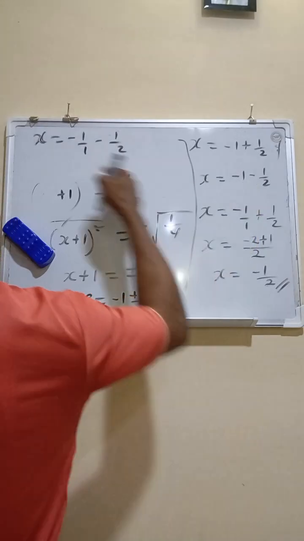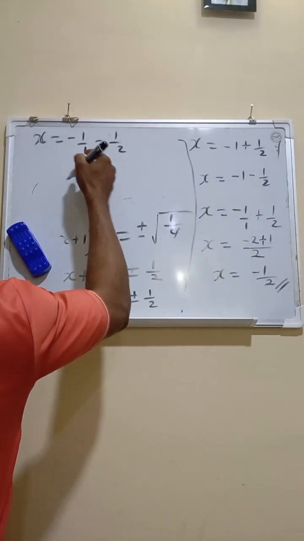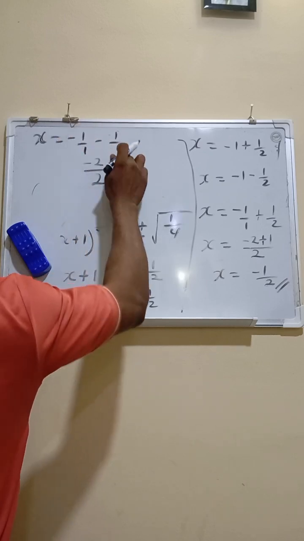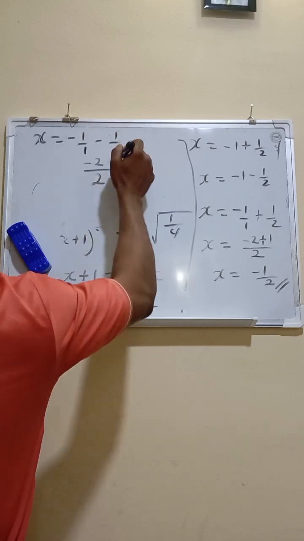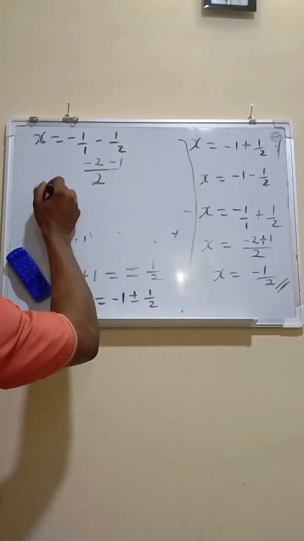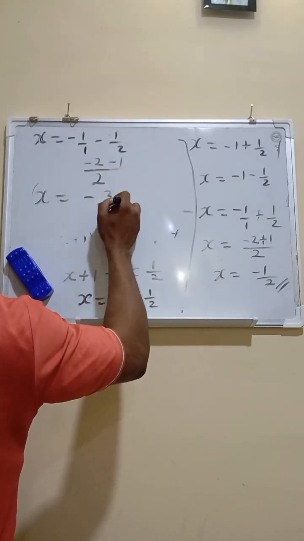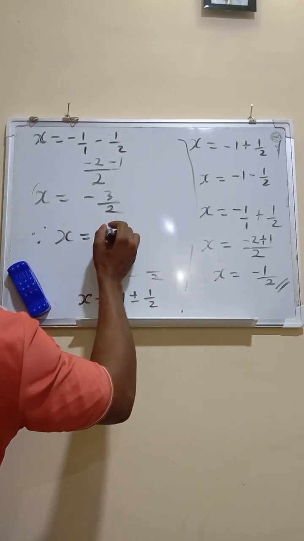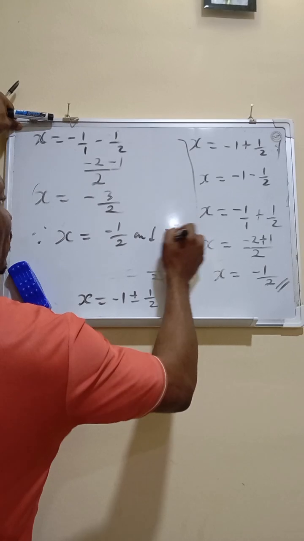Put it all over 1 to make it a fraction. The LCM here is 2. 2 times minus 1 is minus 2, and 1 times 1 is 1. So x equals minus 2 minus 1, which is minus 3 over 2. Therefore, our x is minus 1 over 2 and minus 3 over 2.